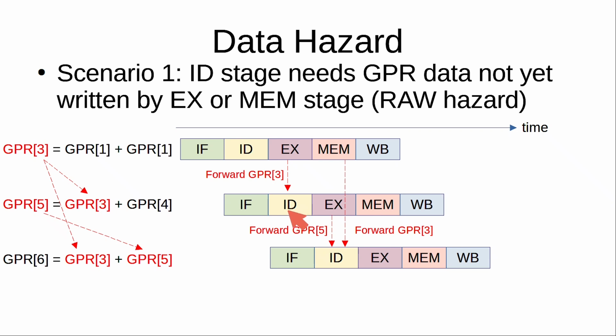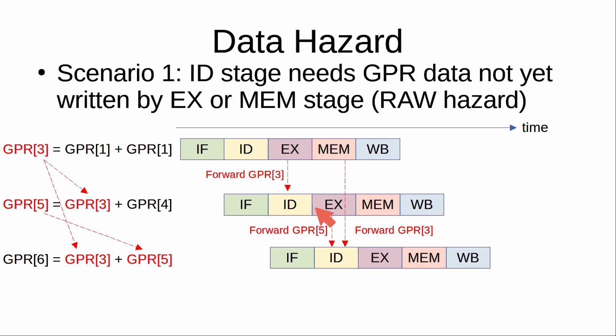And similarly, for this third instruction, at this point in time, it needs this GPR3 and GPR5 from the previous two instructions. And again, these two instructions are still in the memory stage and execution stage.